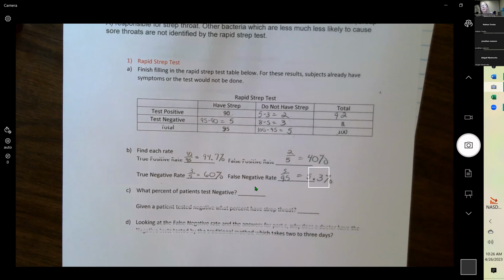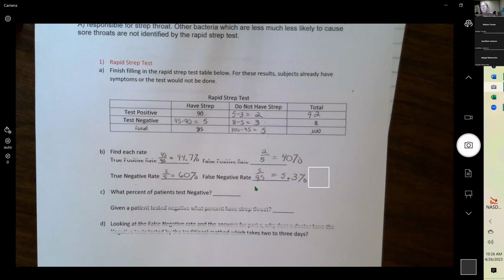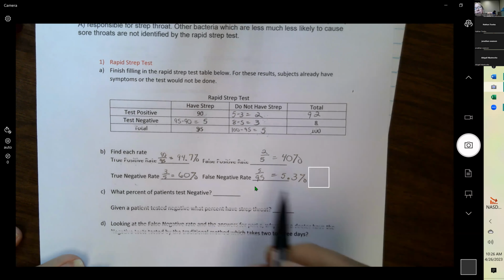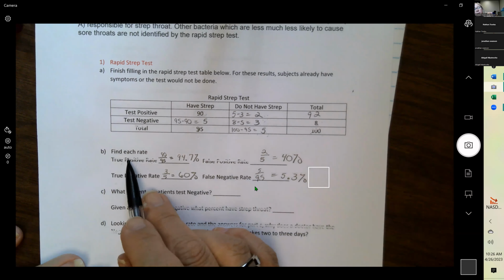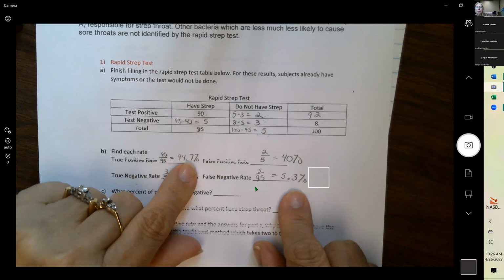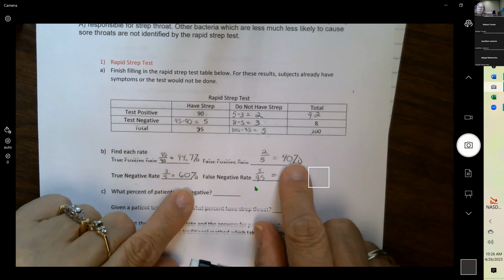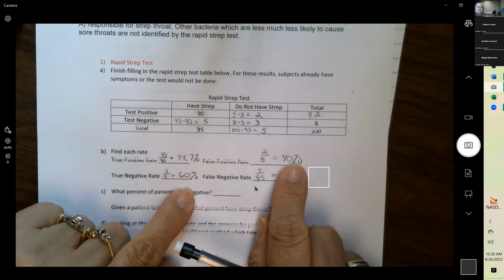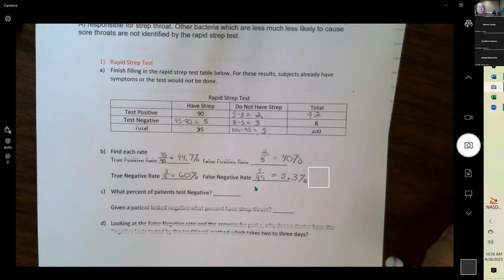Any questions on that? Notice that these two add up to 100. And these two add up to 100. Any questions?